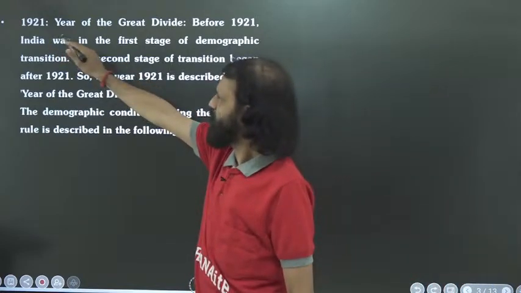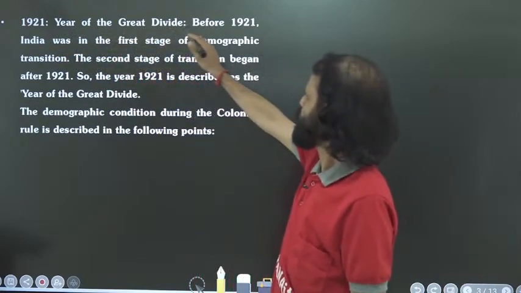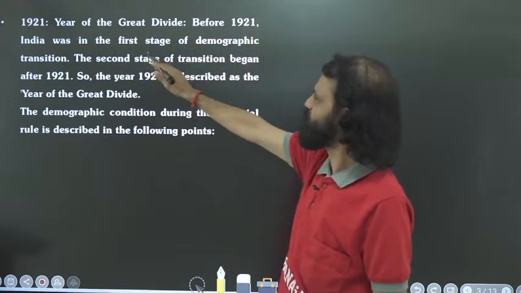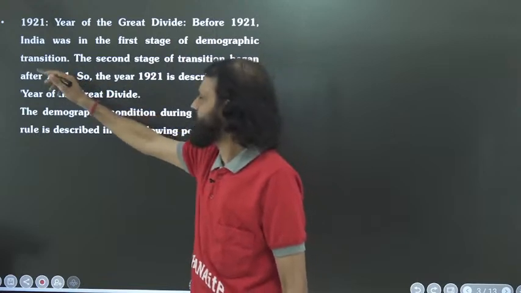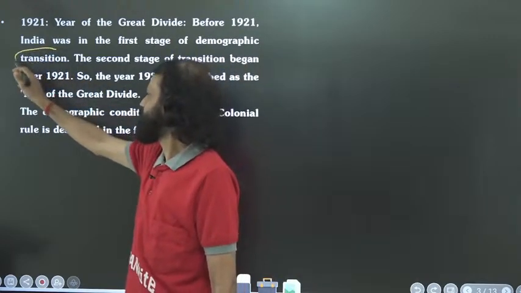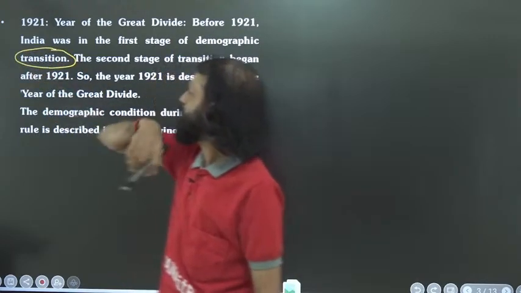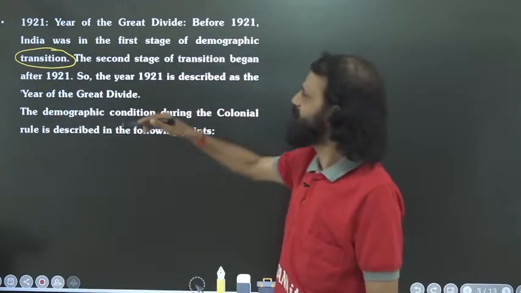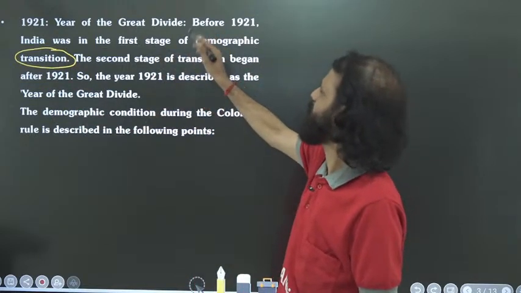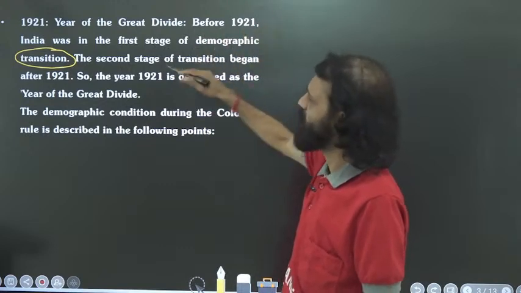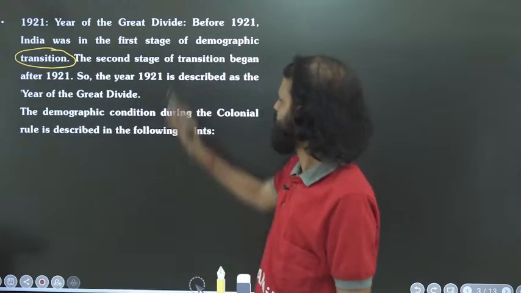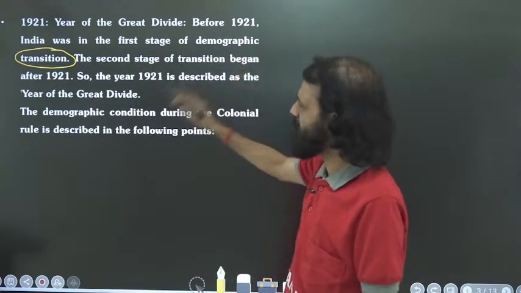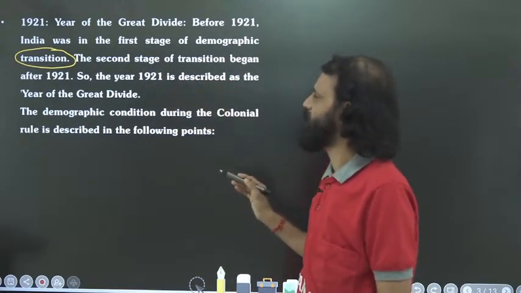In 1921, the year of the Great Divide, before 1921 India was in the first stage of demographic transition. Transition means a change. The second stage of transition began after 1921.